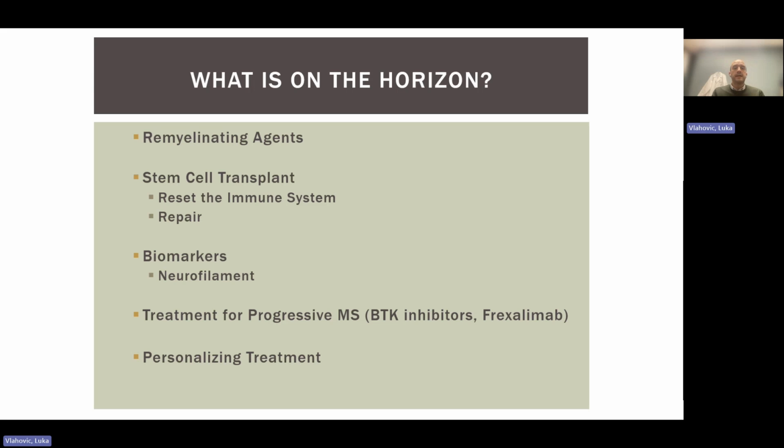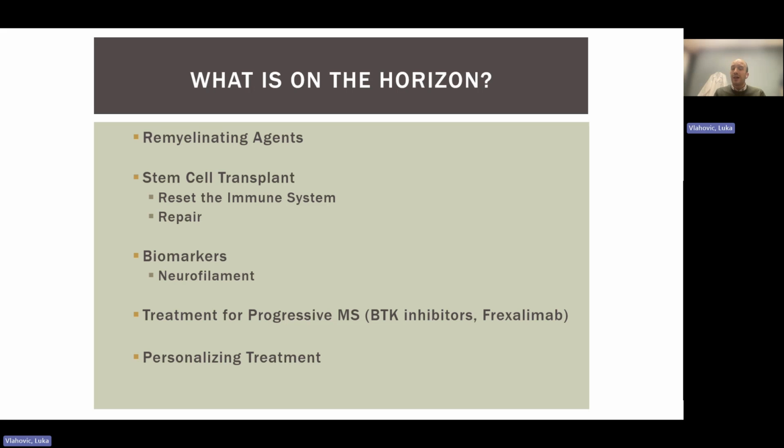Not yet there. In terms of biomarkers, neurofilament is one that has been taken into account more in recent years, and it's still pretty promising, but we're still trying to find the right spot for it. And then there are medications that are reaching the market and being researched.